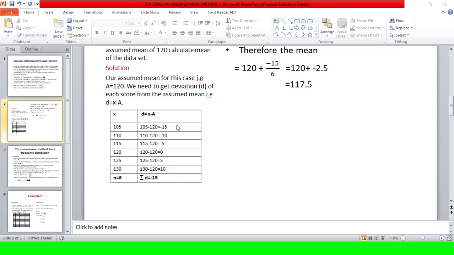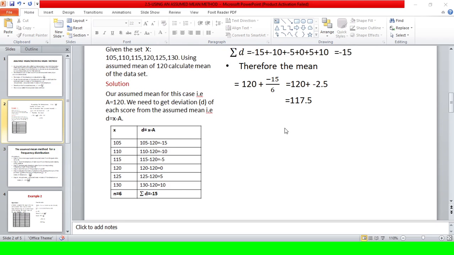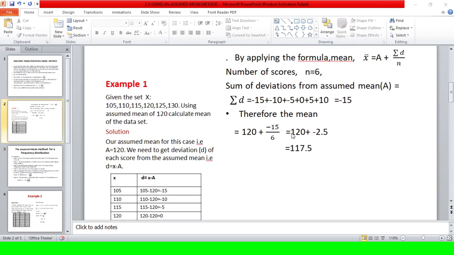So these values are added downwards like this. And the number of values in this set are 1, 2, 3, 4, 5, 6. So n is 6. So we have those values to be substituted in the formula.